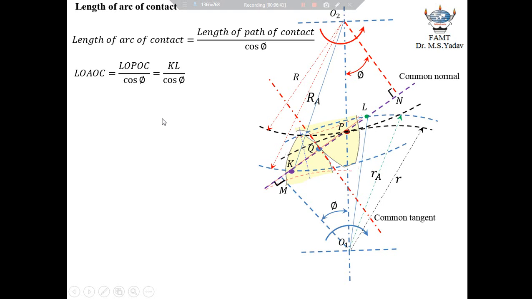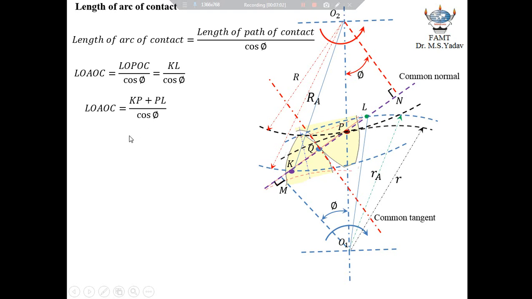Let's split KL into KP and PL, that is length of path of approach and length of path of recess, and the expression for length of arc of contact will be written as KP plus PL upon cos phi.